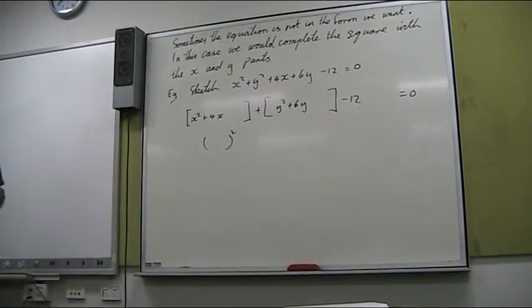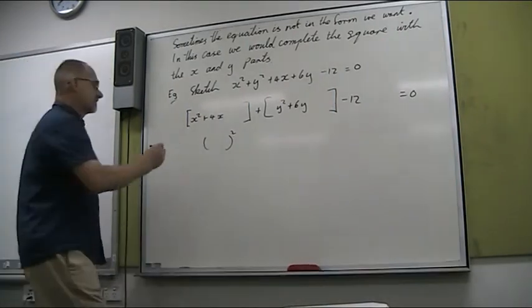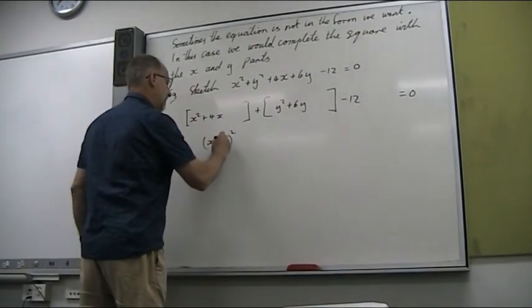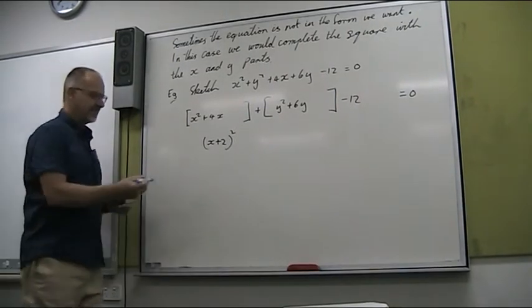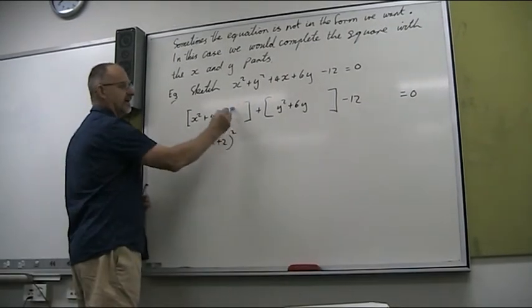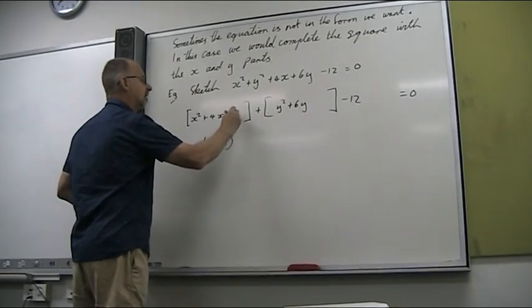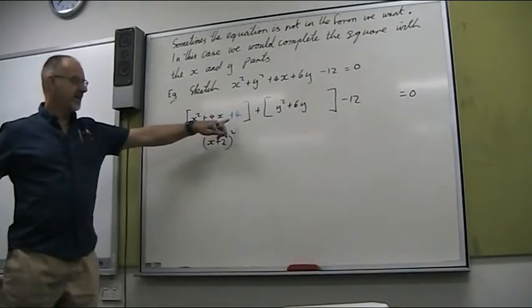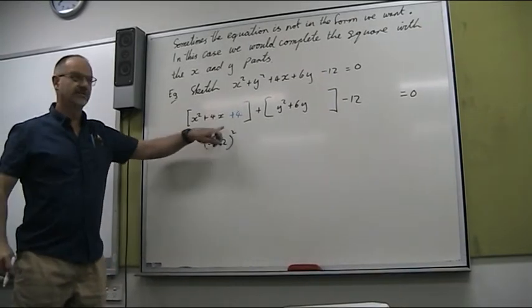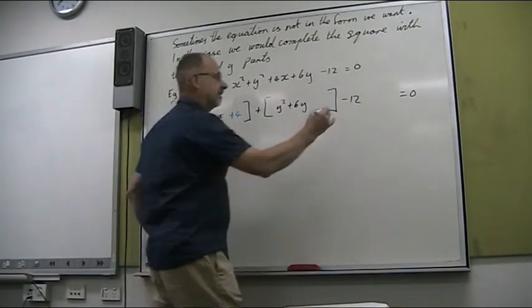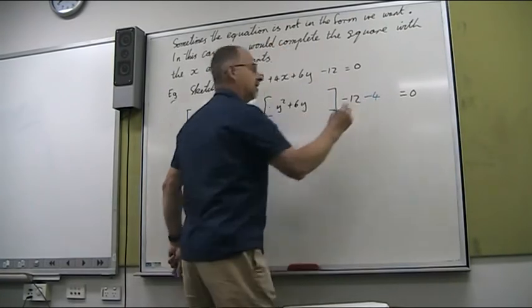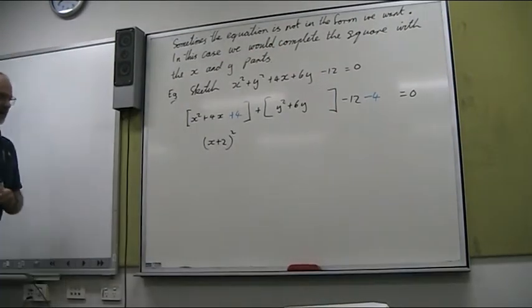So to complete the square with the x's, what would that bracket be? X plus 2. Now, when we expand that bracket, there would be a number on the end here, 4, and because I've now added an extra 4, I need to keep it balanced and take 4 out over there.